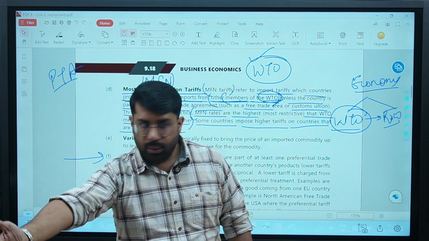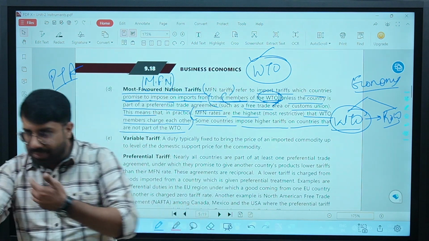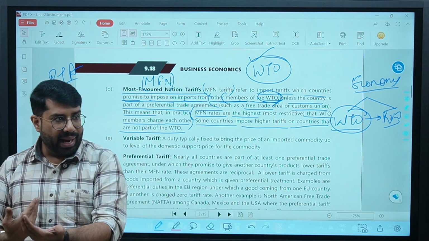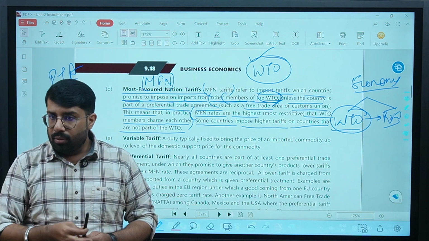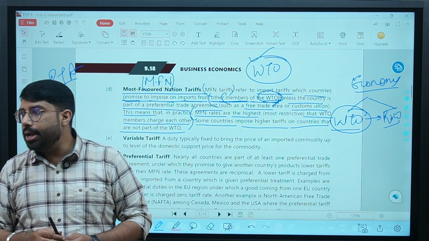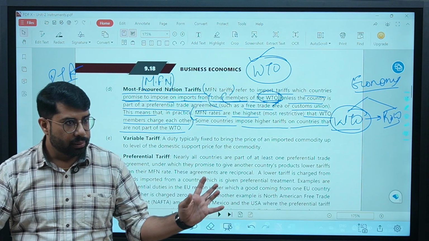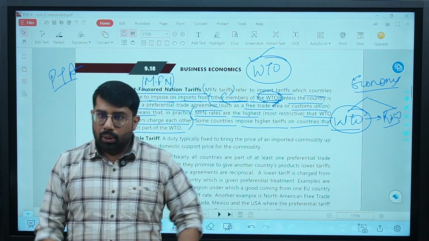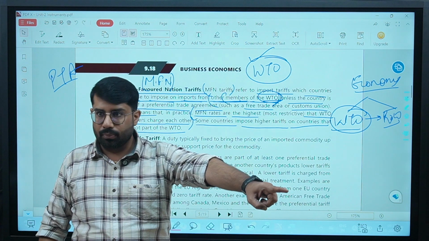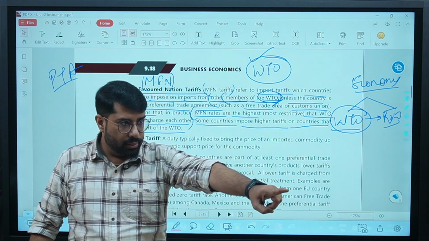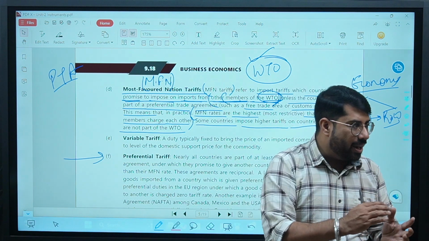Country X, country Y. Now we have decided that when we export and import this pen, we are going to charge 20% of the value of the pen as a tariff. Decided? Yes or no? Yes, sir. Okay. Same type of agreement I am going to do with the other country, country Z. Now with country Z, I make a specific agreement. Look at me.